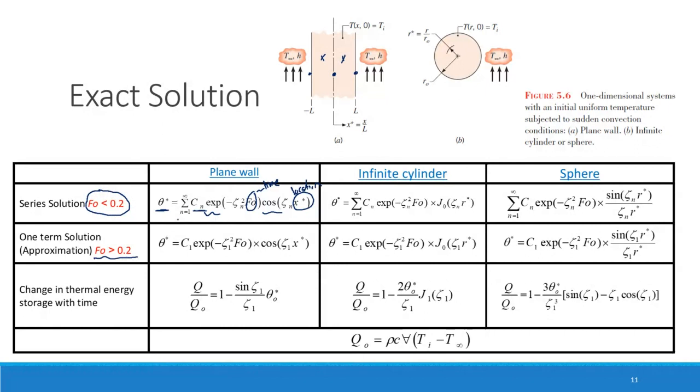Most of the cases will be greater than 1. Greater than 1, I don't have to solve the whole series. I have just to take the first term. Also C1 and the first eigenvalue are provided in the table. Fourier number is, again, which time we would like to calculate the temperature at, and which location we would like. Inshallah, we will solve an example for the sphere, which is more challenging compared to the plane wall, next class.